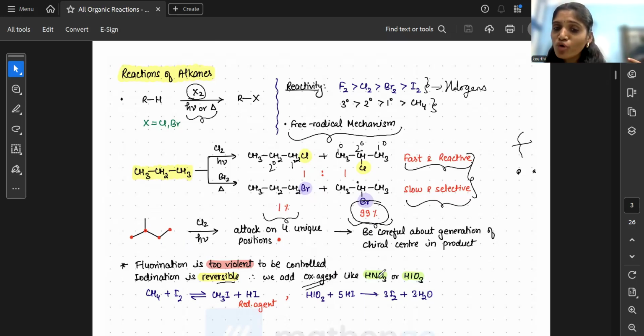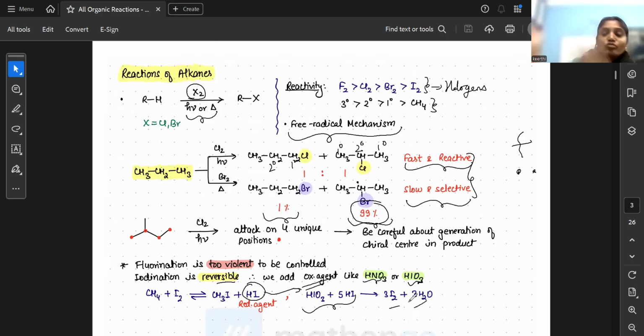If you use a strong oxidizing agent like HNO3 or HIO3, then as soon as HI is formed, they will take the HI. HIO3 will react with HI, forming iodine plus H2O. The oxidizing agent acts on the reducing agent and converts it into iodine separately, so that the reaction will not go in the reverse direction.